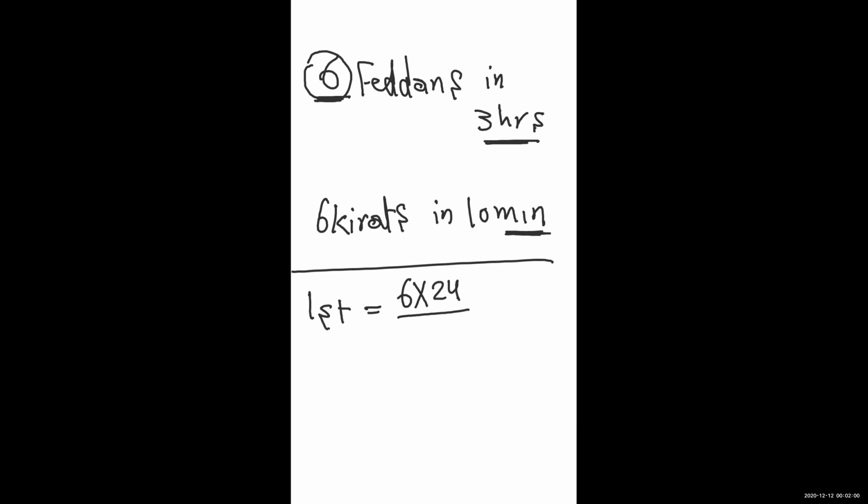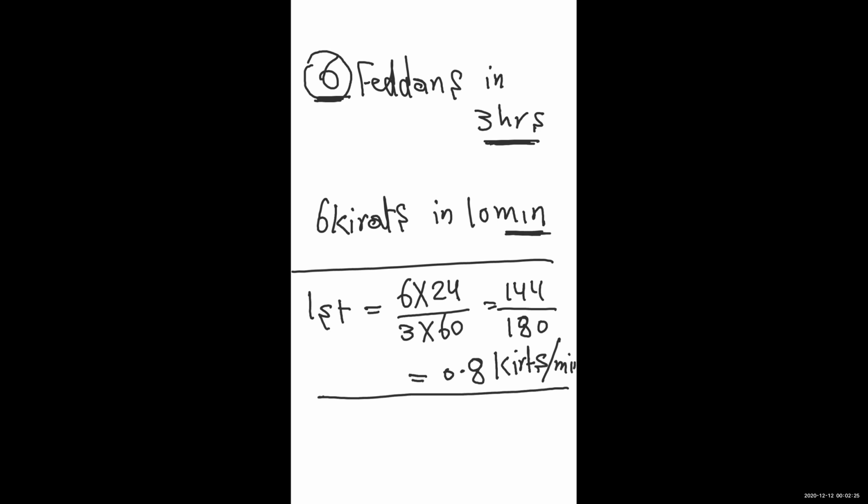I will convert it into minutes so that the two ratios have the same unit and I can compare between them. So 3 times 60. It will equal 144 over 180, which equals 0.8 carats per minute. So this is the first.